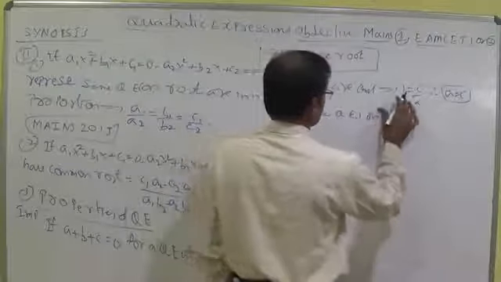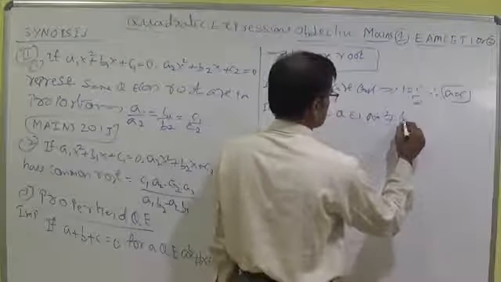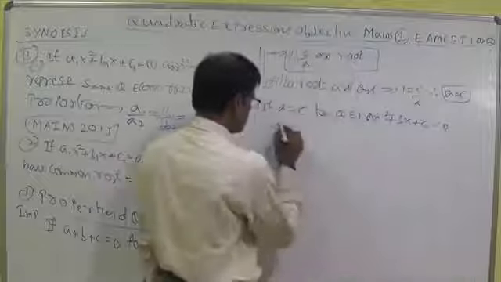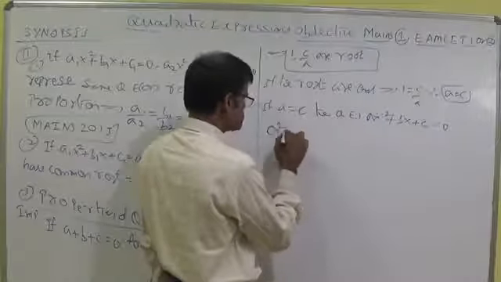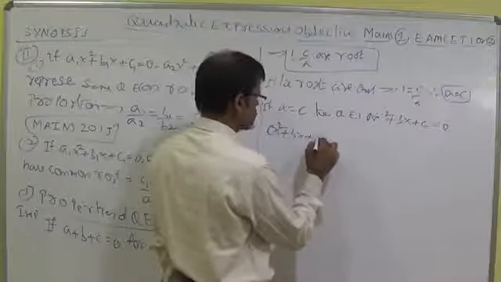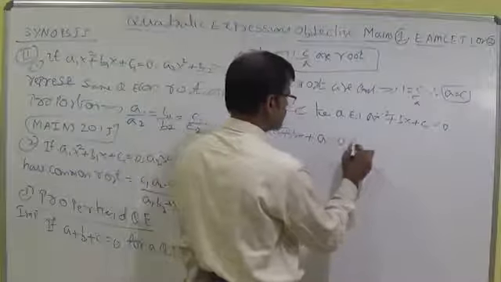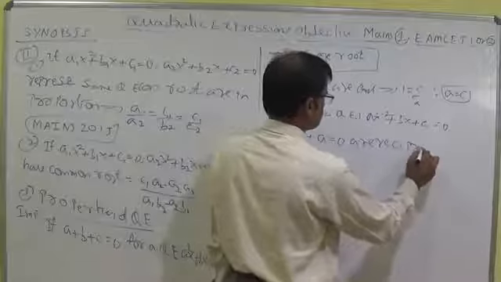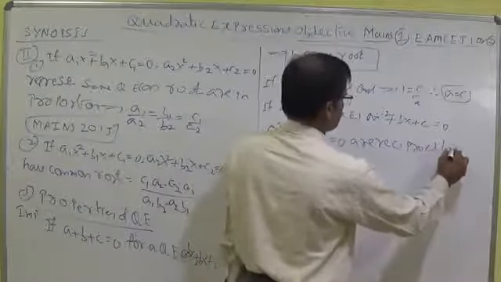the quadratic equations ax square plus bx plus c is equal to 0, comma cx square plus bx plus a is equal to 0 are reciprocal to each other.